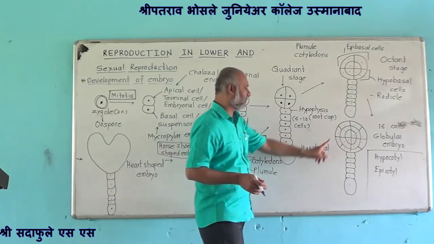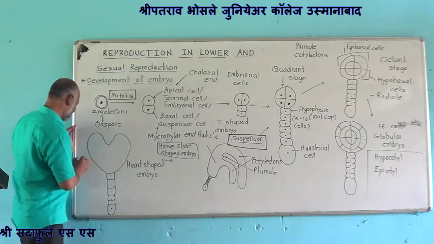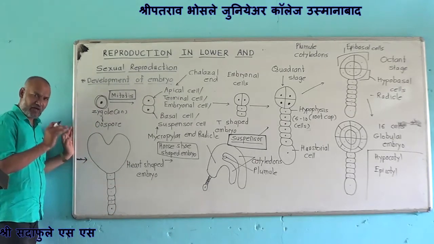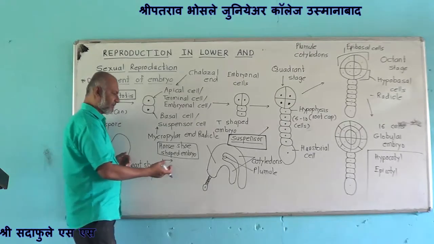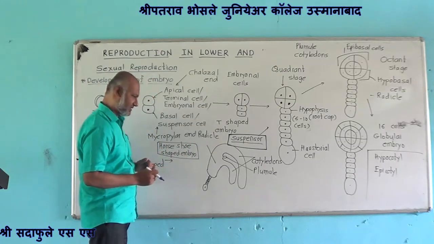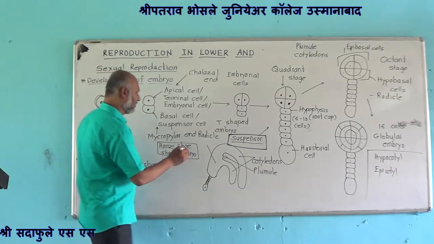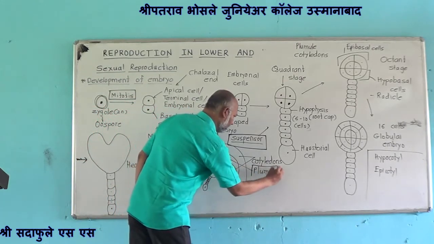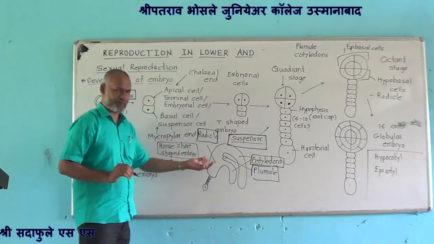Now this globular embryo undergoes development to form a heart-shaped embryo, and finally this heart-shaped embryo attains a horseshoe-like structure which is termed the horseshoe-shaped embryo, which contains a radicle, plumule and cotyledons, two cotyledons.